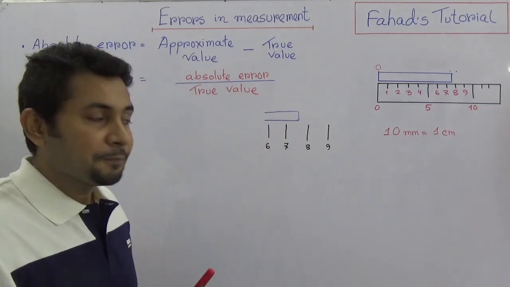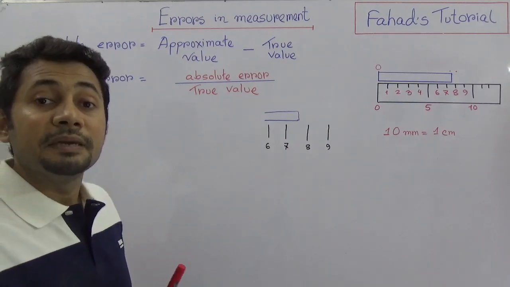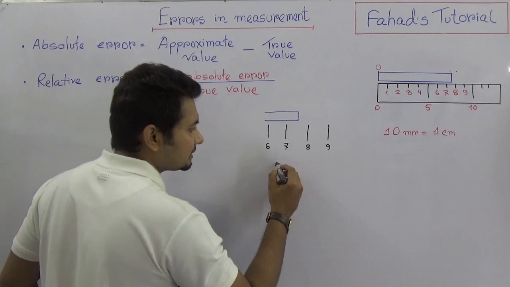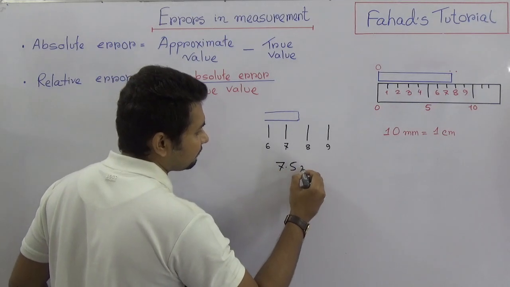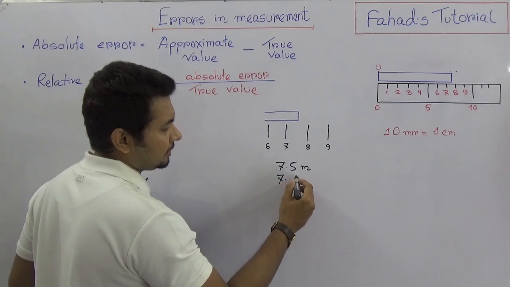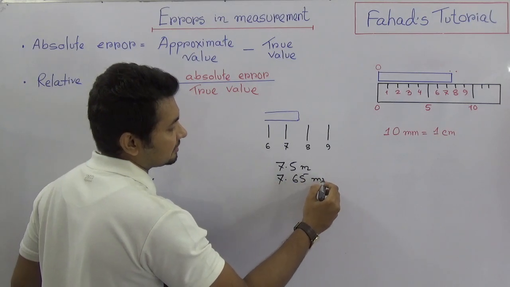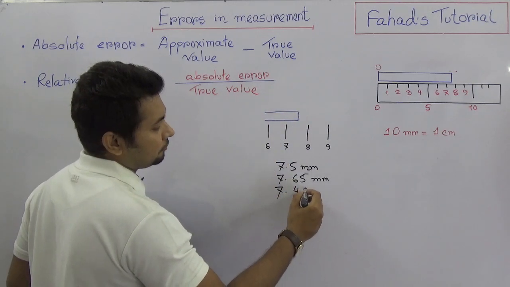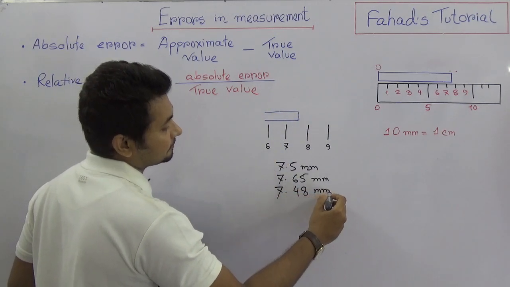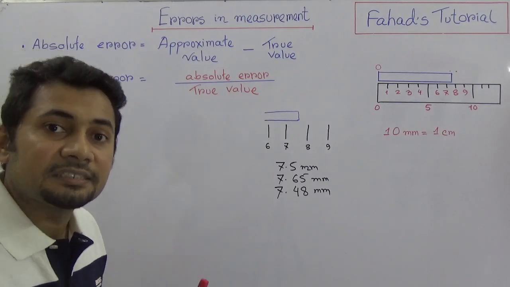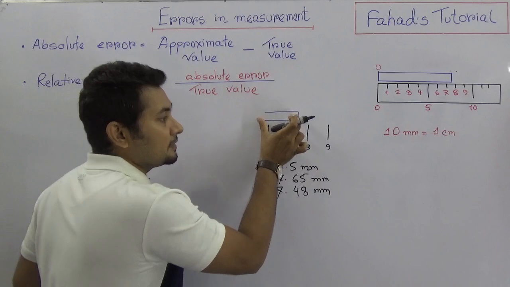So what is our conclusion about measuring the length? Do we say that it is 7.5 millimeter? Or can we say that this is 7.65 millimeter, or can we say that this is 7.48 millimeter? What can be the exact value of this point?